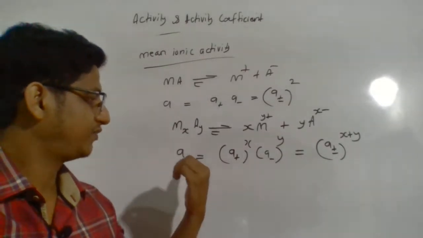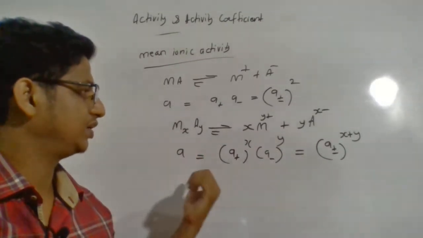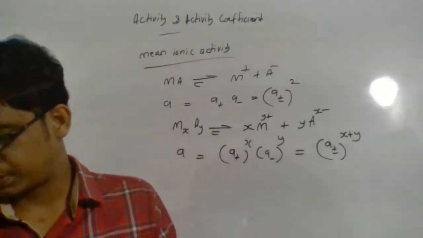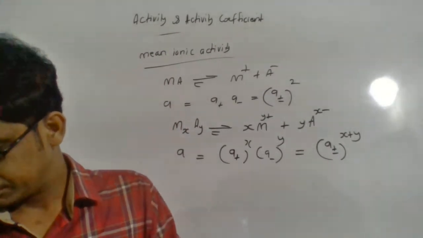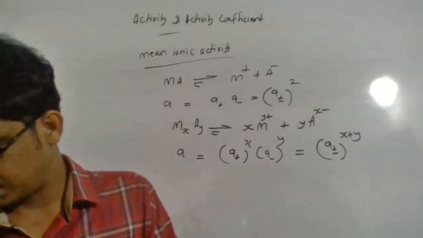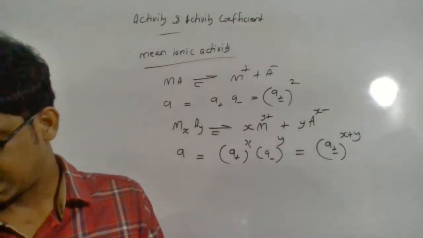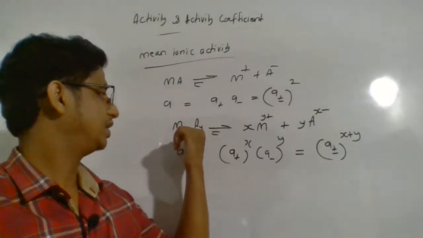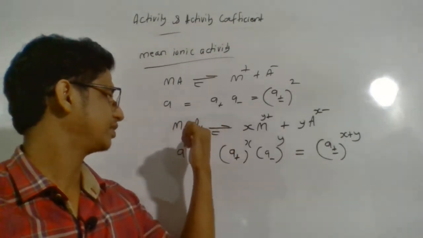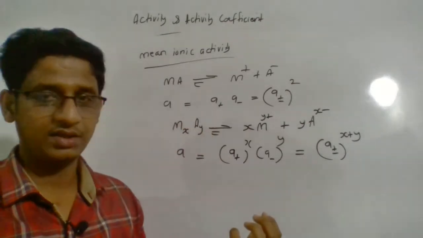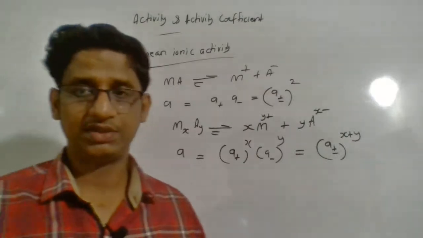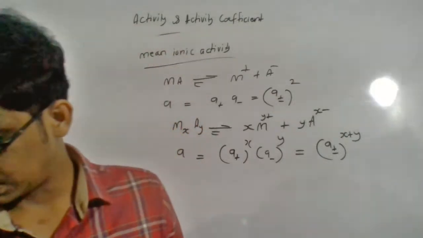So we can find the activity using this equation, a plus or minus raised to x plus y. That's the way you can find the activity of a polyvalent electrolyte. Depending on the type of electrolyte you can find x and y, so x plus y will give you the activity of a particular electrolyte.